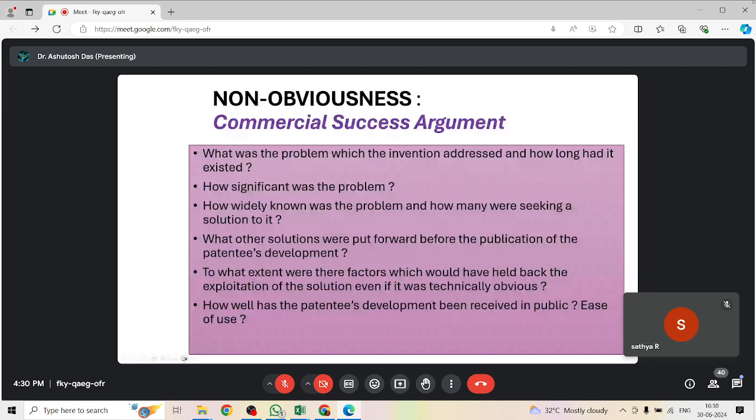By reviewing many examination reports, I found some other questions that are answered to justify this, which are not directly related to obviousness. That's why I gave these questions. These do not directly come in the domain of non-obviousness, but they are sometimes given as arguments and they were justified also. On this ground, we can overcome the non-obviousness objection.